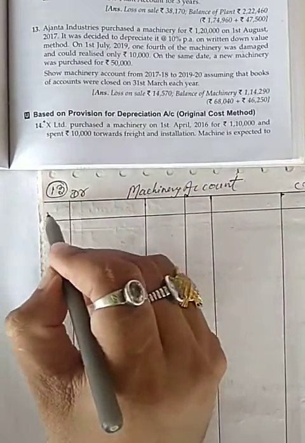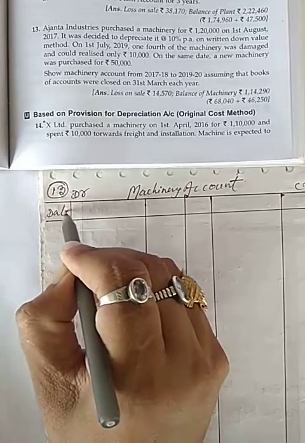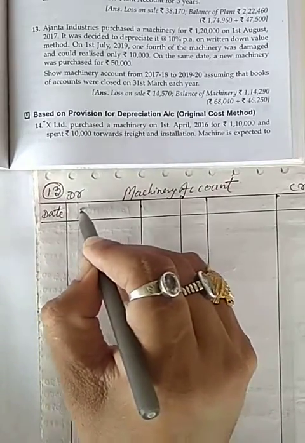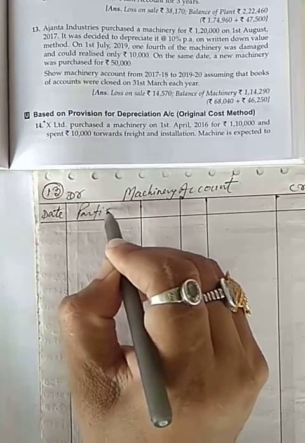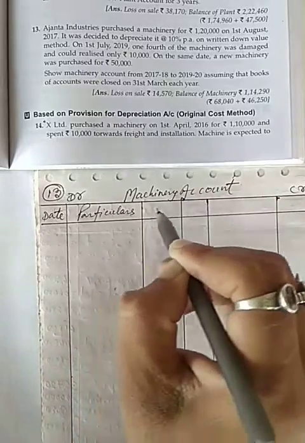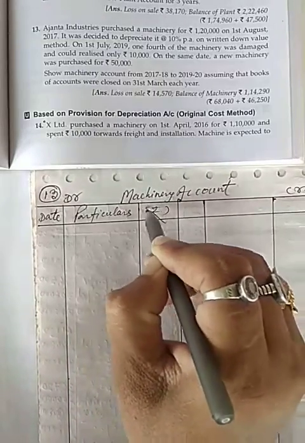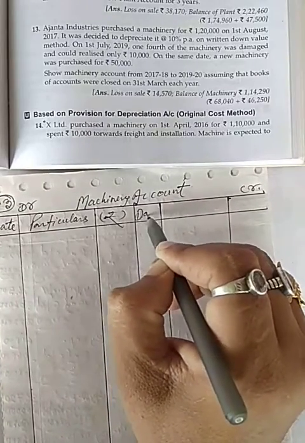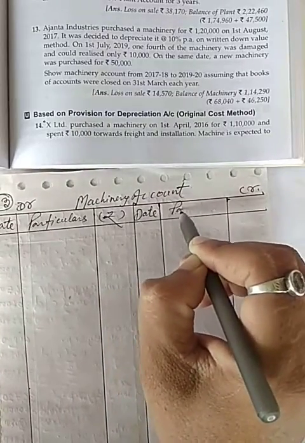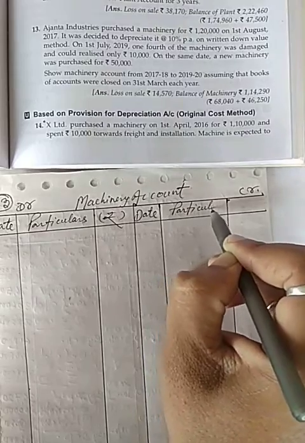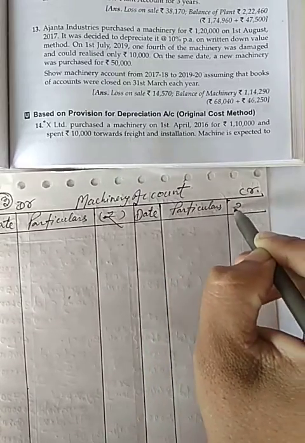Now this is a column of date, particulars, rupees, date, particulars and rupees.